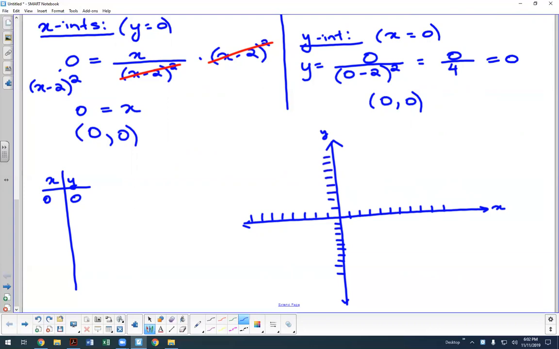Okay, now where was our vertical asymptote at? 2. X equals 2. So that would be vertical asymptote right here. Horizontal asymptote at the x-axis, so that's going to be, again, right here.